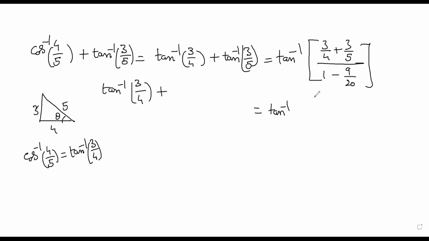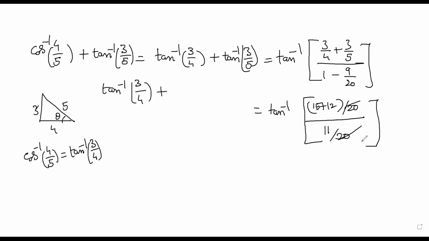So it is 15 plus 12 on the top, whole divided by 20 minus 9, that is 11, divided by 20. 20 gone, and your 15 plus 12 is 27 by 11. So hence the answer is tan inverse 27 by 11.